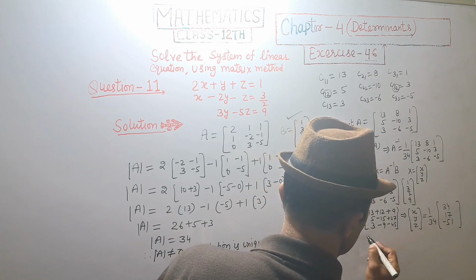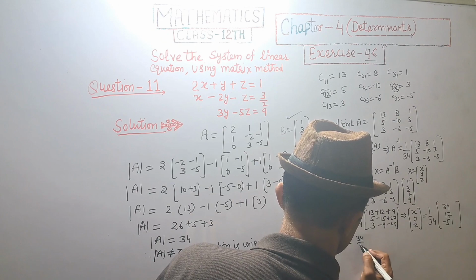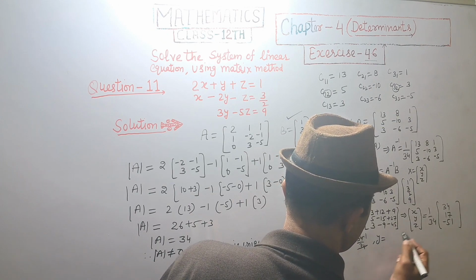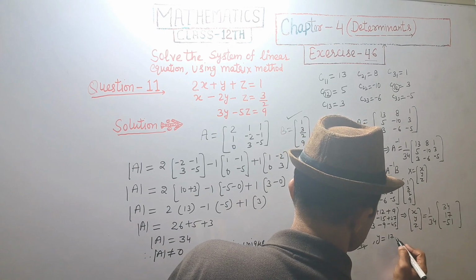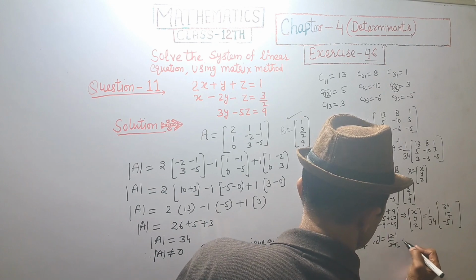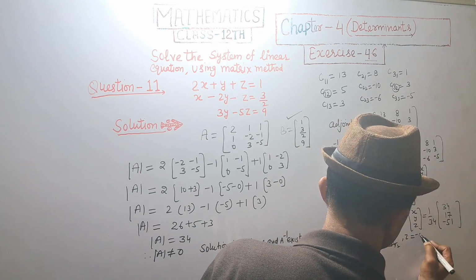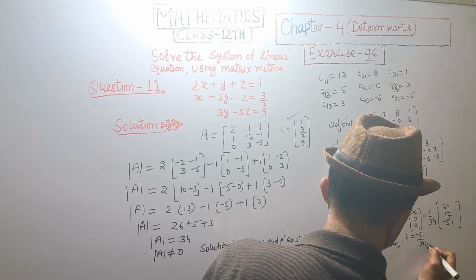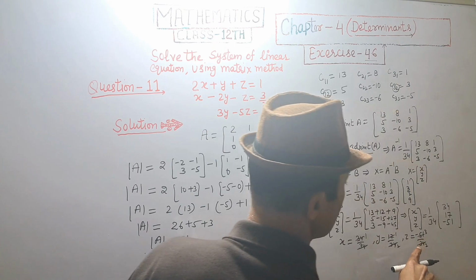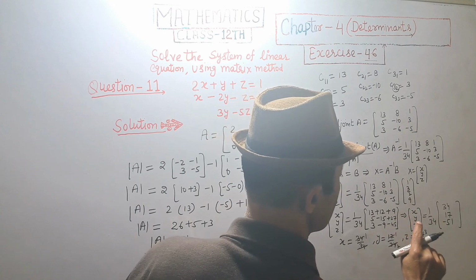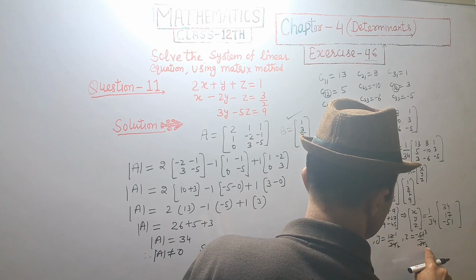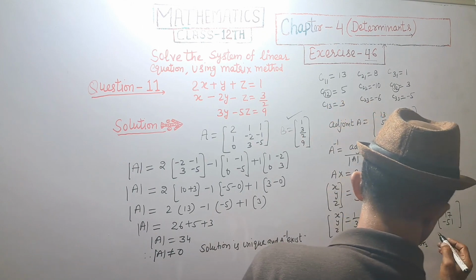X is equal to 34 upon 34, that is 1, and y is equal to 17 upon 34, that is 1 upon 2, and z is equal to minus 51 upon 34. 17 3s are 51, 17 2s are 34.